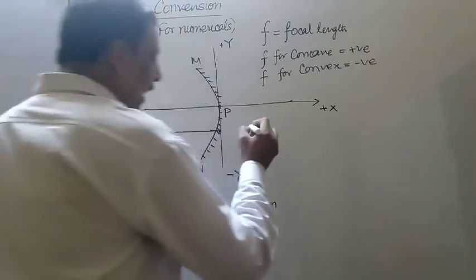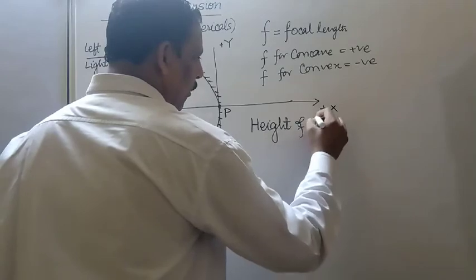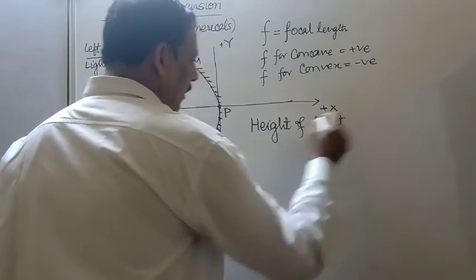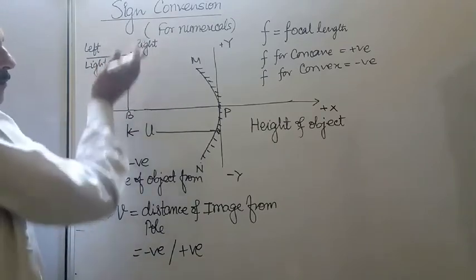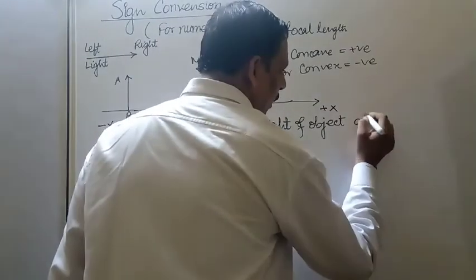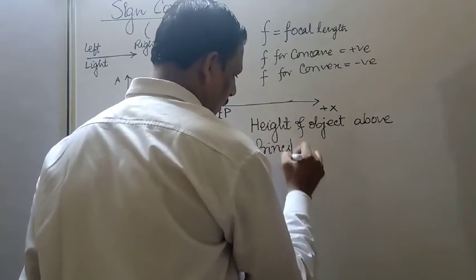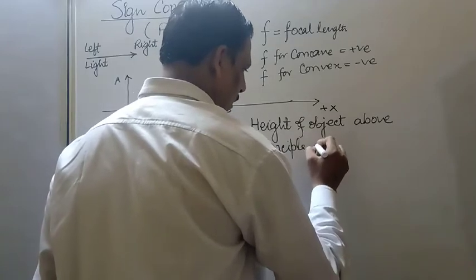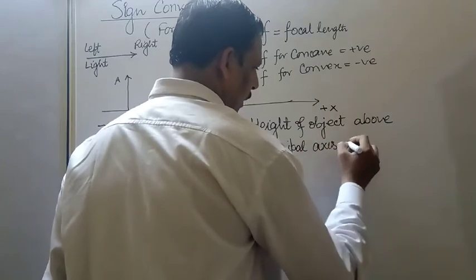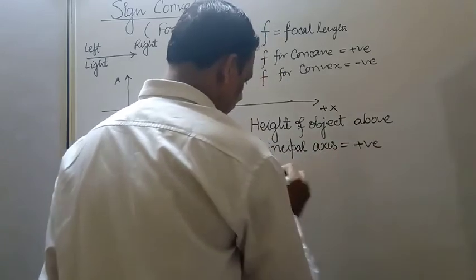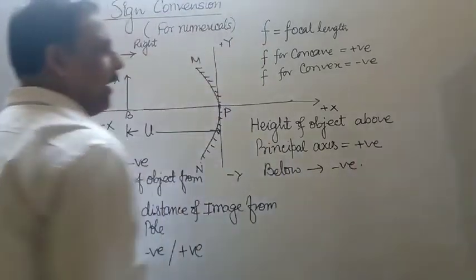And the height of the object. This AB, if it is above the principal axis, will be positive, and below it will be negative.